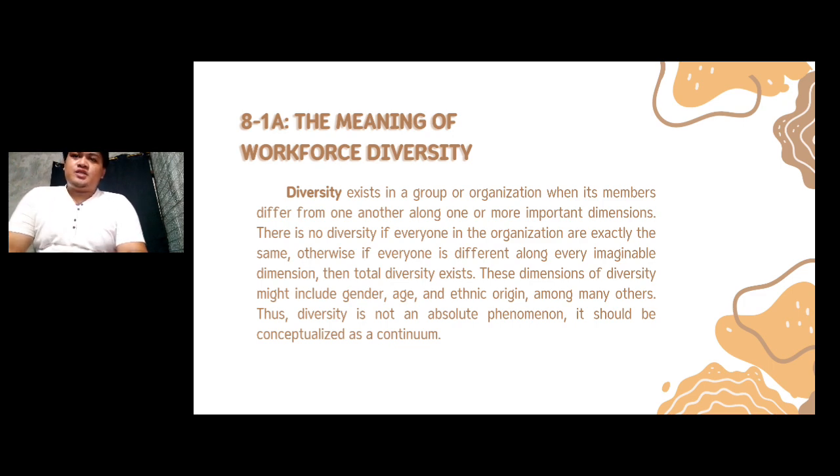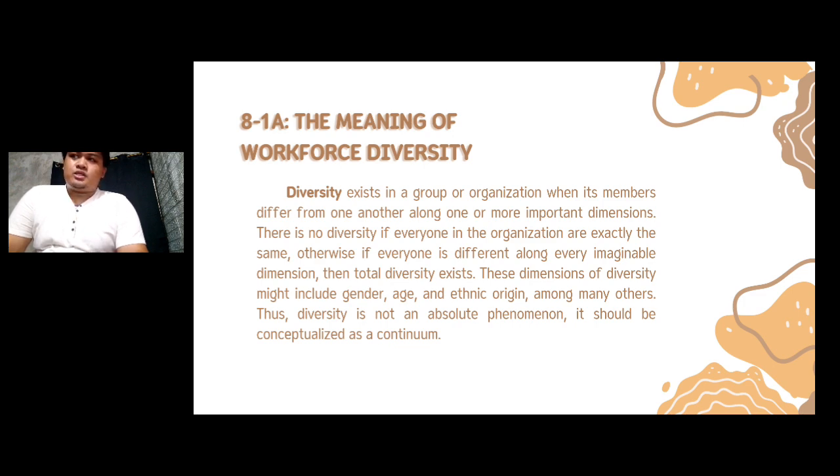Thus, diversity is not an absolute phenomenon, as in reality there is no group or organization that has exactly the same employees or total diversity. But the diversity in every group is in between these two, and it should be conceptualized as a continuum.